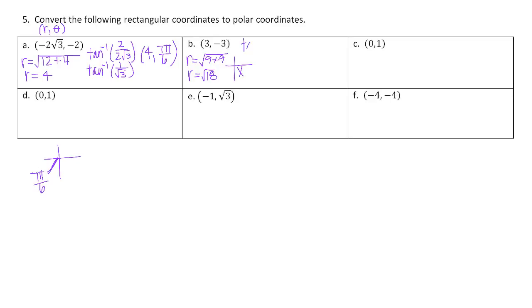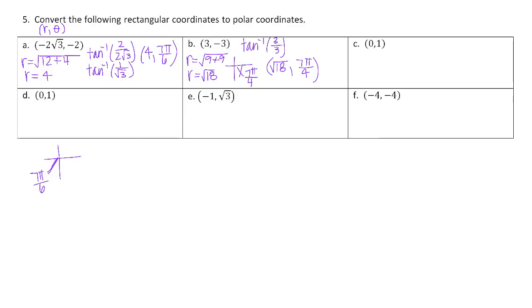And we're going to talk about inverse tangent of 3 over 3. So we're going to talk about something over 4. So over here, what would that be? 7 pi over 4, wouldn't it? So here, again, we have root 18, comma, 7 pi over 4.